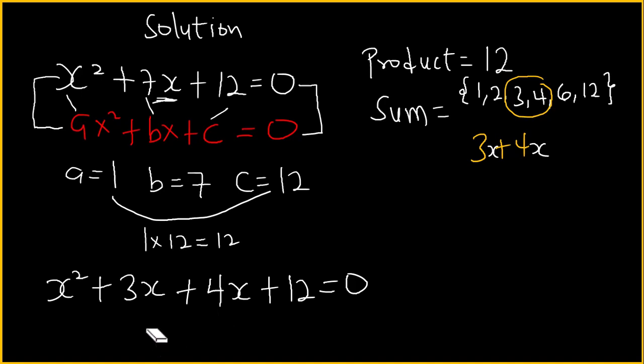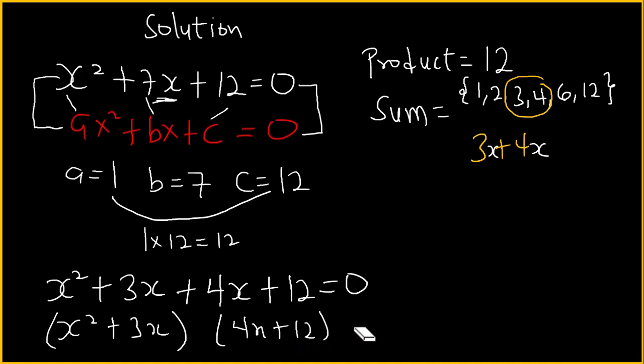At this point, we are going to group them into factors, which is putting them into brackets. Now x squared plus 3x is kept in one bracket, and 4x plus 12 is also kept in one bracket. The operational sign in between the two brackets should be plus.